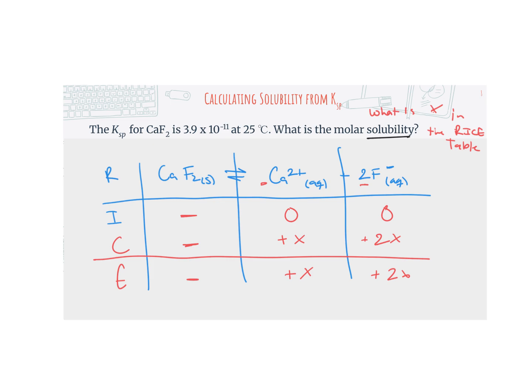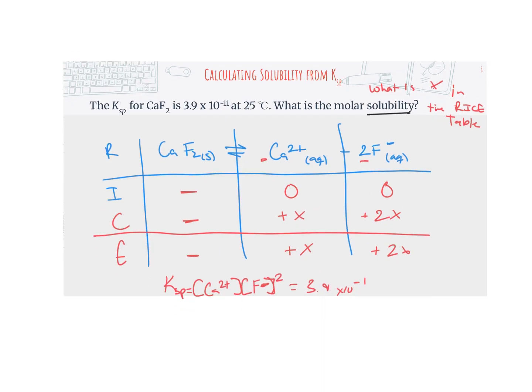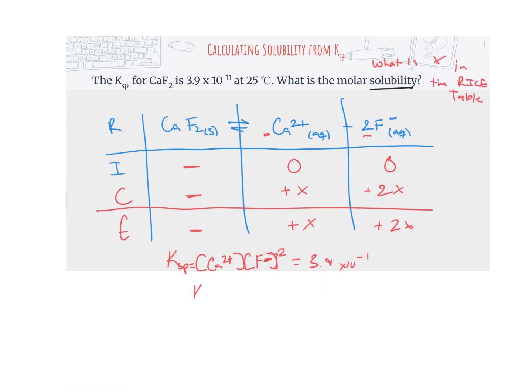So, KSP is equal to the concentration of Ca2+ times the concentration of F- squared. That's going to be equal to 3.9 times 10 to the negative 11th. So all we're doing at this point is solving for X. So KSP is equal to X times 2X squared.